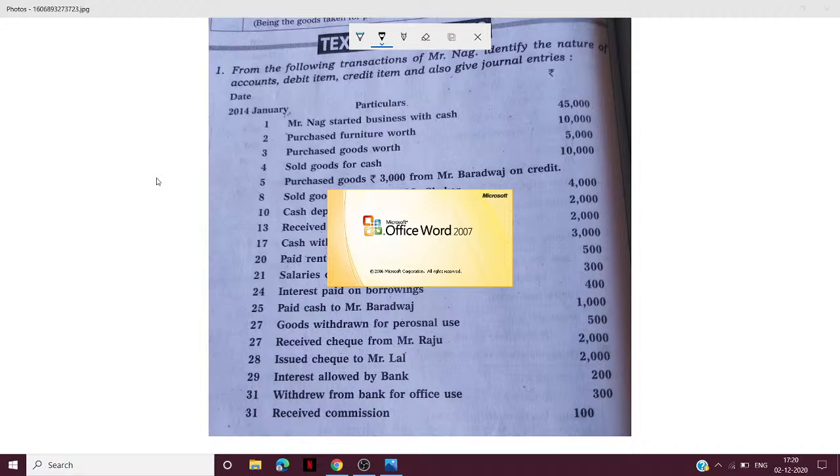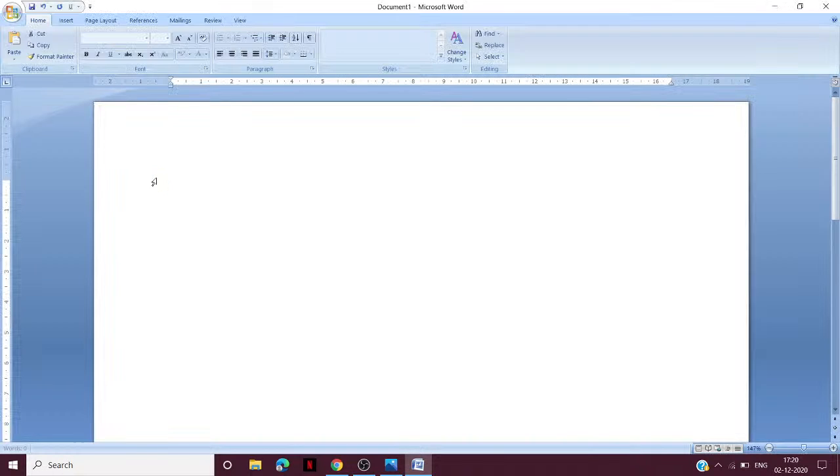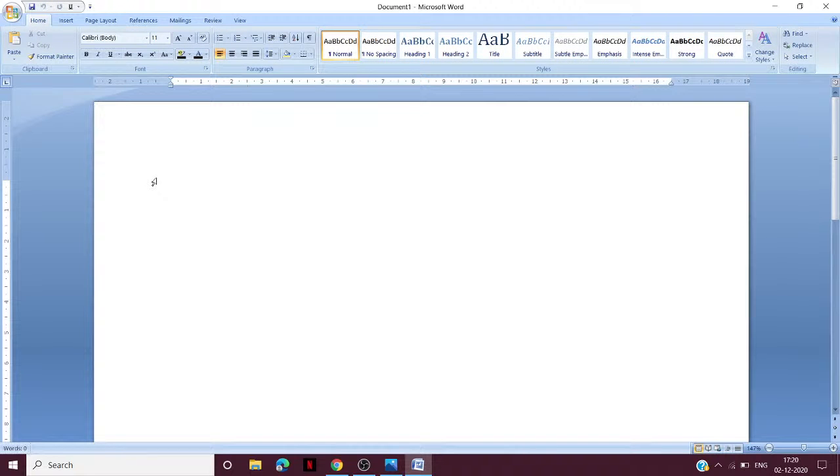Accounts is useful for both MEC students and CEC students. Remember that. If you get this journal entry, it will be easy for you to solve any other problems. So let us solve.